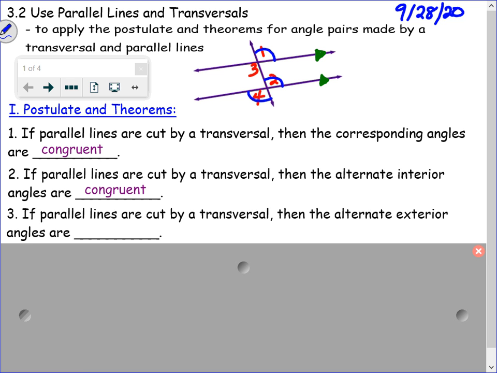So if two angles are congruent to the same angle, then they are congruent. Remember, congruence of angles is transitive. So now that means angle 1 and angle 4 are congruent. So how do we shorten all of that? We write it as a theorem. If parallel lines are cut by a transversal, then the alternate exterior angles are congruent.